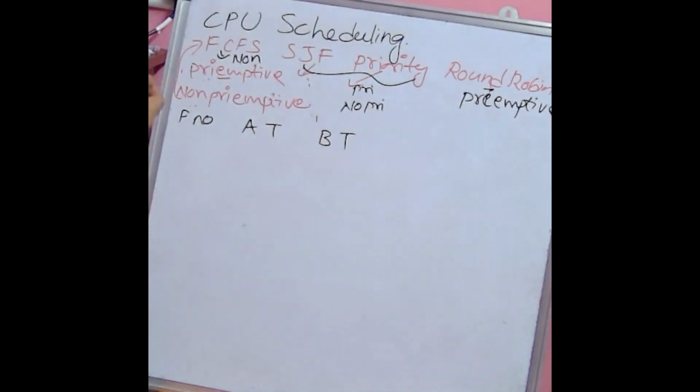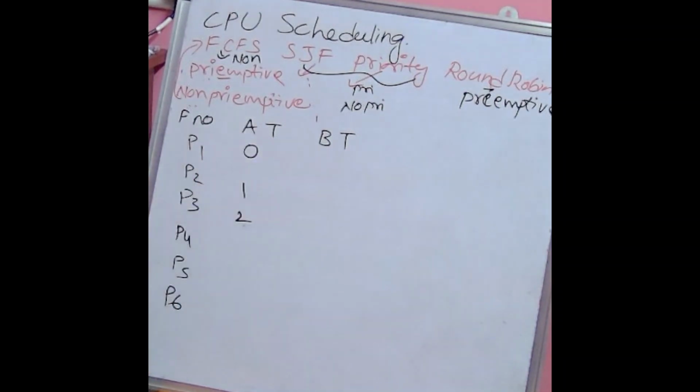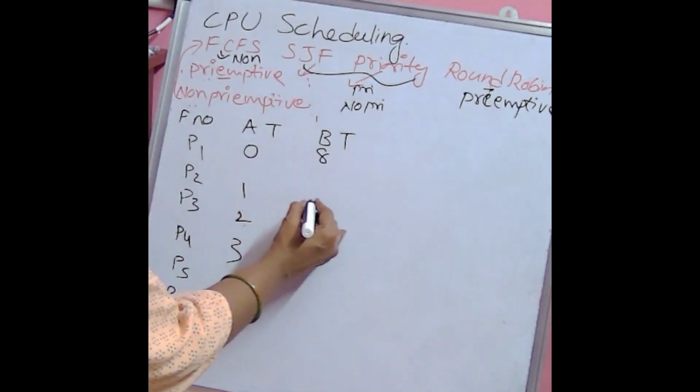The burst time is the CPU requirement. P1, P2, P3, P4, P5, P6, and the arrival times are 0, 1, 2, 3, 4 and 5. These arrival times are relative times, not the exact times.